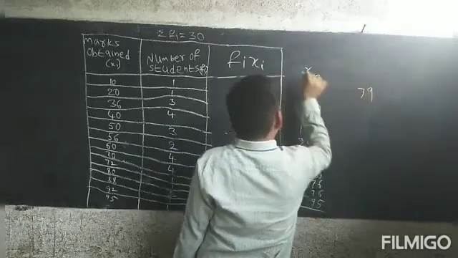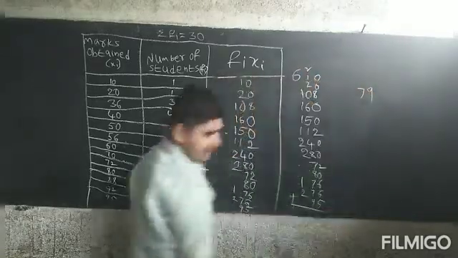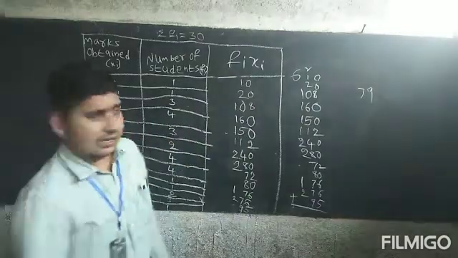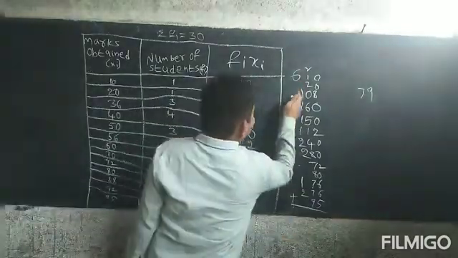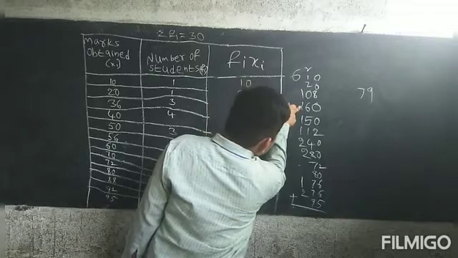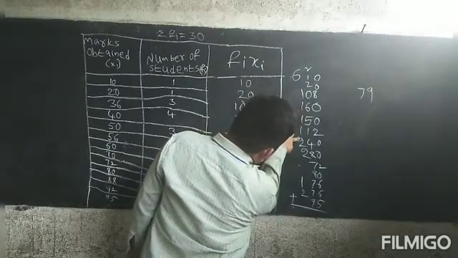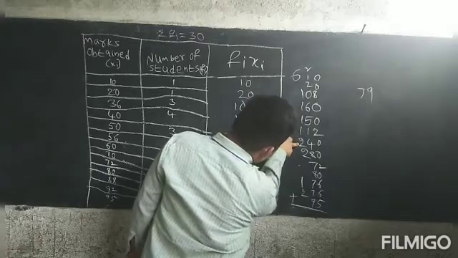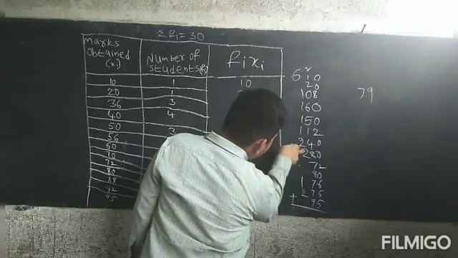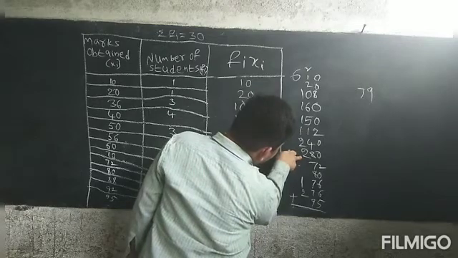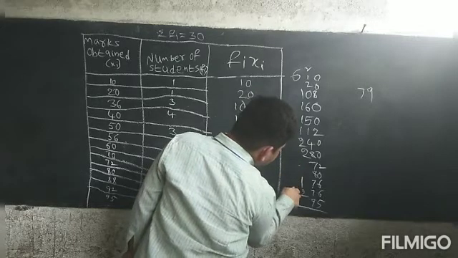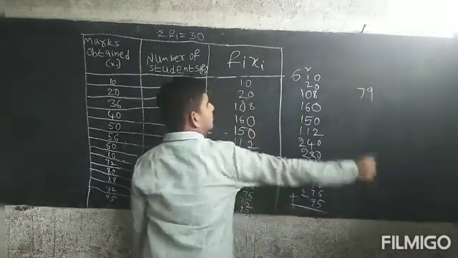Okay? Now count. 6 plus 1, 7. 7 plus 1, 8. 8 plus 1, 9. 9 plus 1, 10. 10 plus 2, 12. 12 plus 2, 14. 14 plus 1, 15. 15 plus 2, 17. Okay?